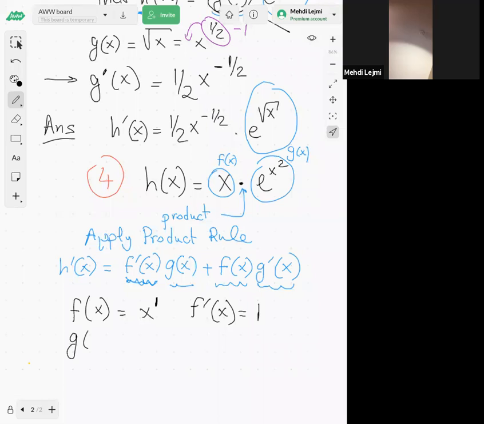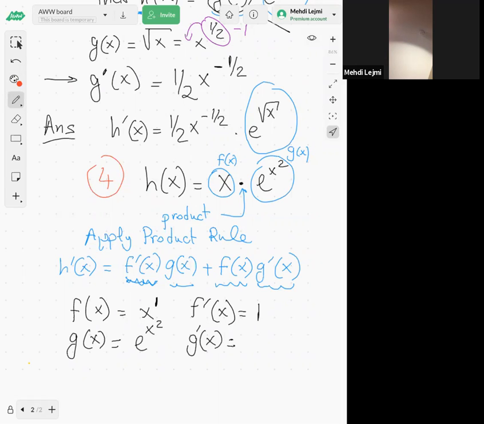So g of x is e to the x squared, right? So what will be the derivative, g prime? So e to the x squared is not just e to the x. If it was just e to the x, then yes, the derivative would be e to the x. But this is e to the x squared, right? The power here is x squared. So we have to apply our rule.